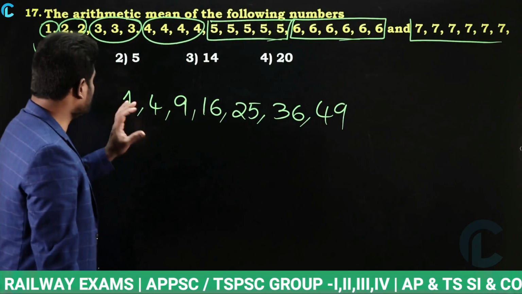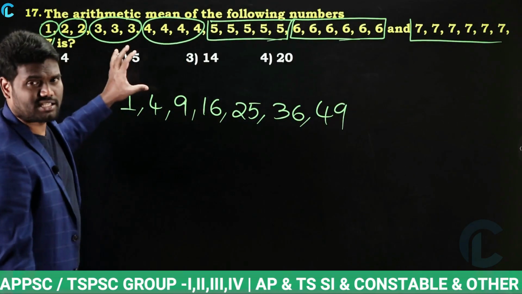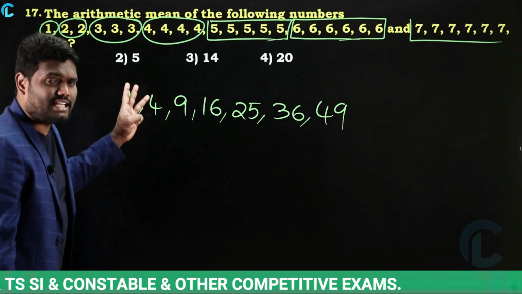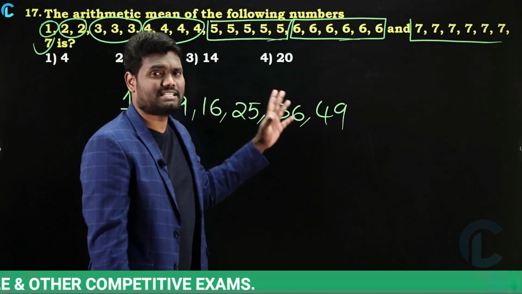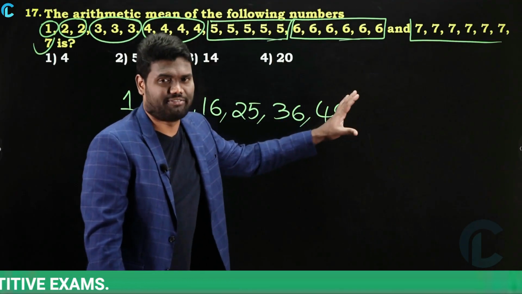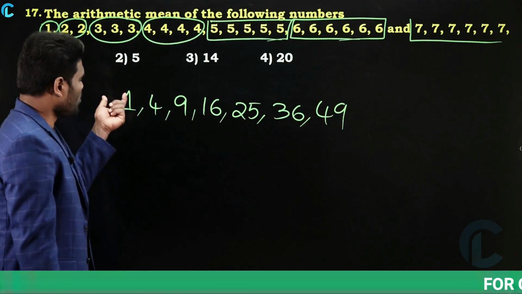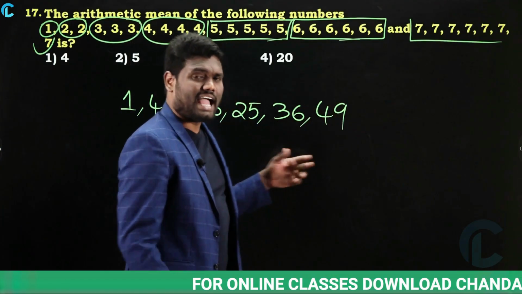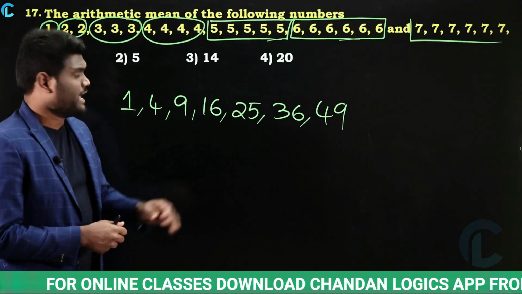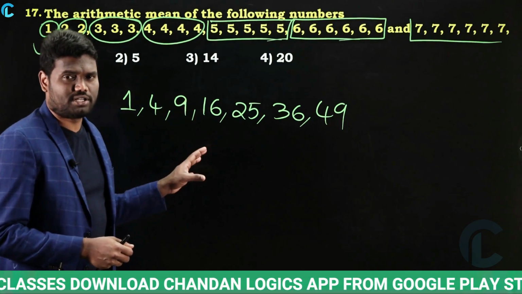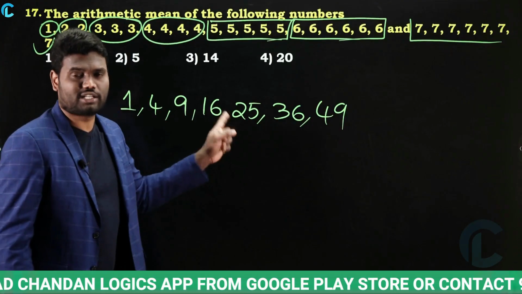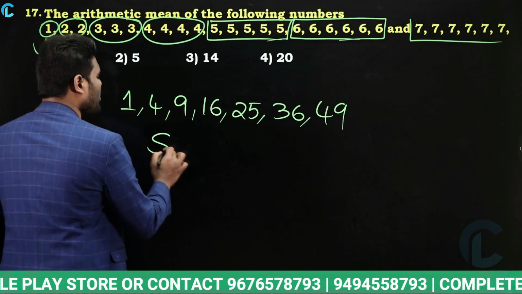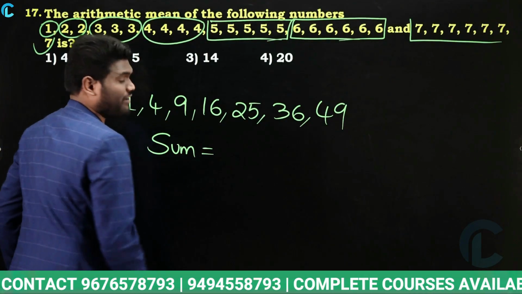Now if you have observed here, in this series we have the numbers 1, 2 twos, 3 threes, 4 fours, 5 fives, 6 sixes, 7 sevens, yes or no, which is nothing but 1, 4, 9, 16, 25, 36, 49. For this I need to calculate the average, yes or no. If I need to calculate the average for these numbers, now these are squares, yes or no. For the sum of squares, I have told you the formula. The sum of squares of n natural numbers.